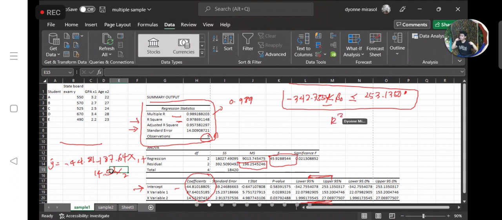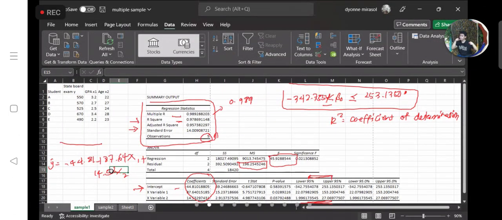So r squared equals the coefficient of determination. With it, we measure whether our model is accurate, or whether our regression model is a reliable indicator.